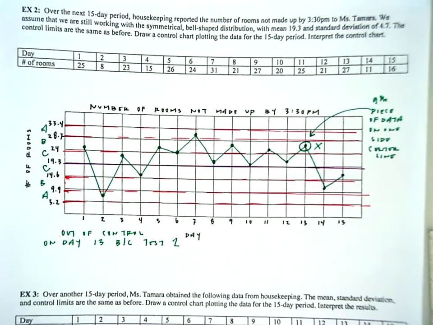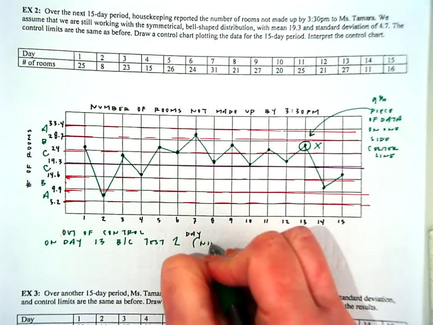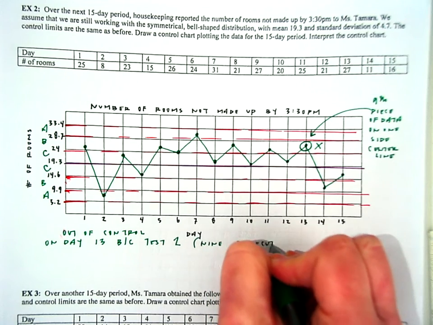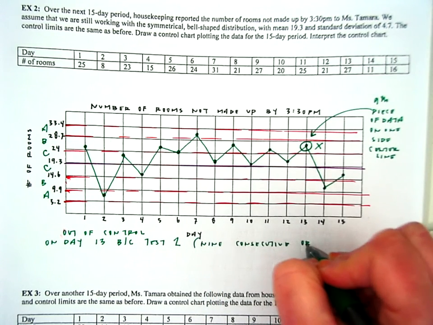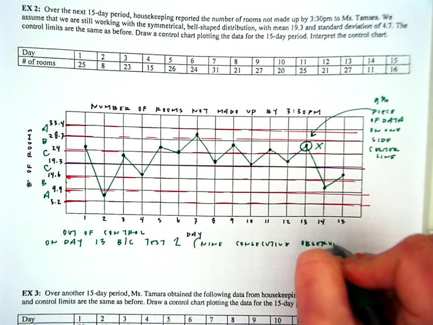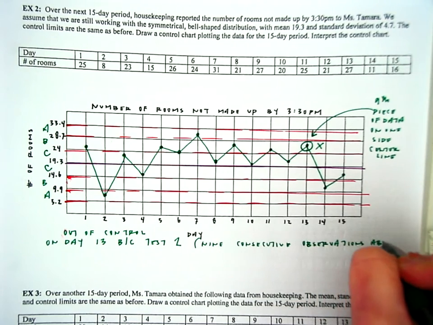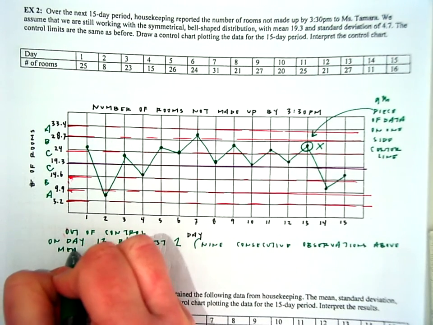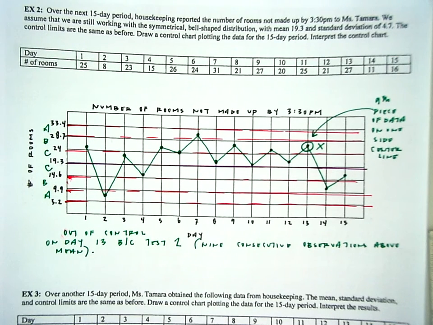Okay, so test 2, which was the 9 consecutive observations, here we're seeing above the mean. Okay, and I could actually see that it would have also gone out of control on day 14.